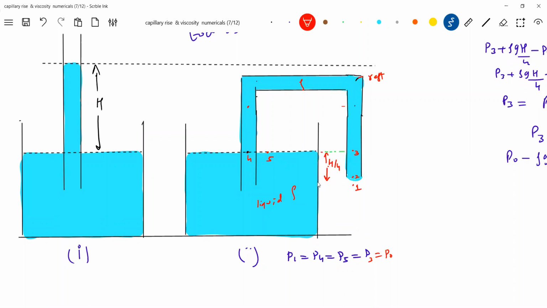Now there's a third diagram. Shall we write some equations? First we'll write some equations. Let's see what we can get.